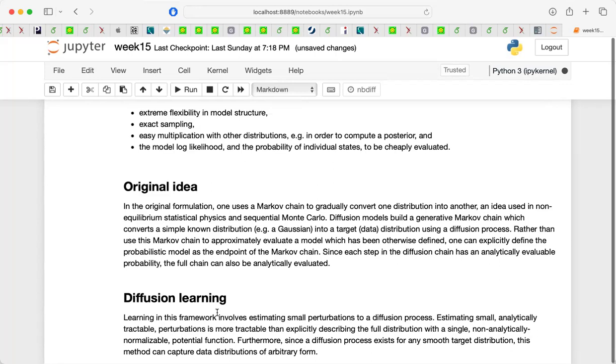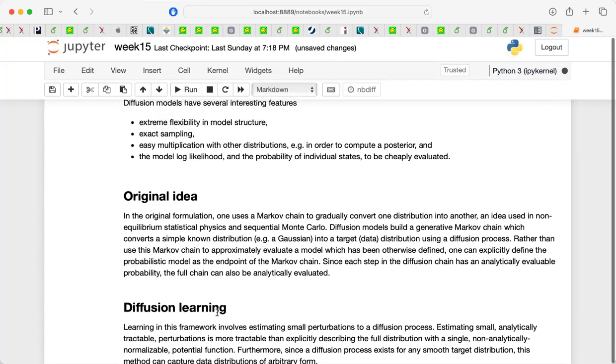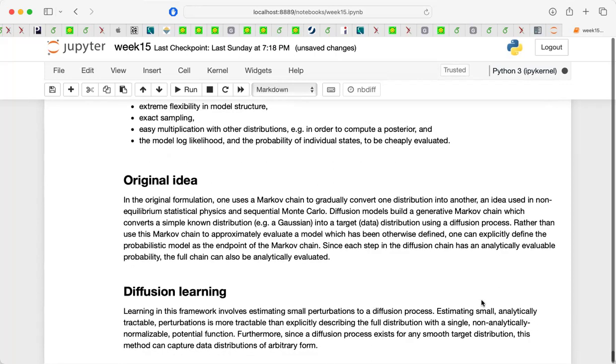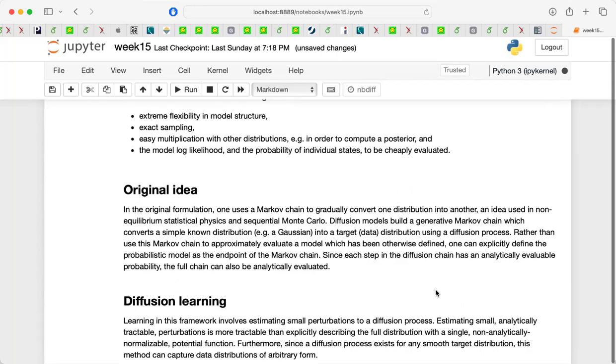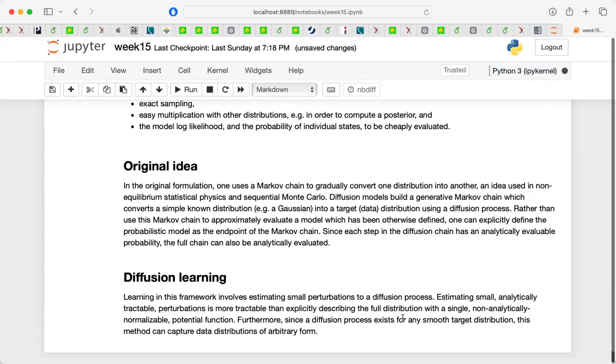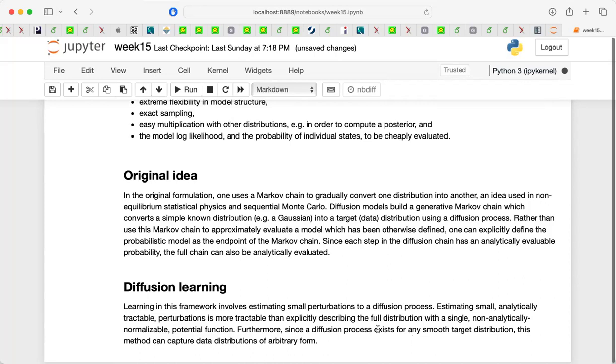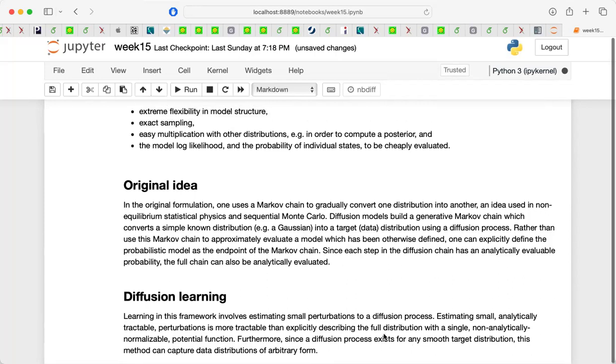Whereas here, we are using the process of diffusion to estimate small tractable perturbations, which allow us to describe the distribution in terms of these single steps.